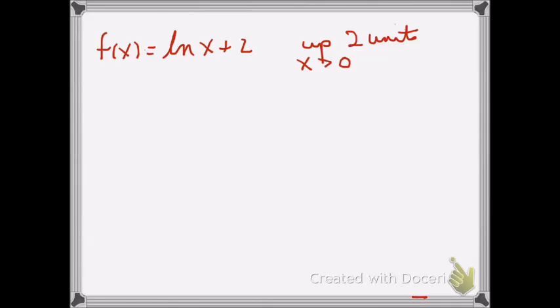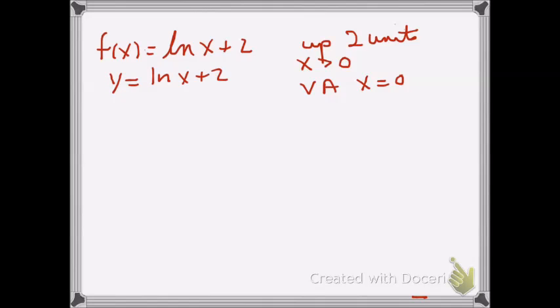So then we have a vertical asymptote, and it is x equals 0, which is the y-axis. Now to get a couple of points, again, I'm going to change this to the exponential form. y equals natural log of x plus 2.